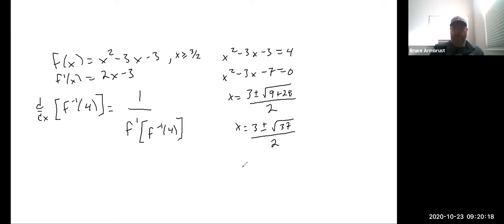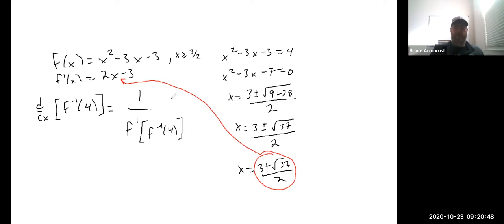That tells me that the x we're going to use is the one with the plus. So this x gives us 4, which means when we plug 4 into the inverse, it gives us 3 plus root 37 over 2. That guy we're going to fire into the derivative.